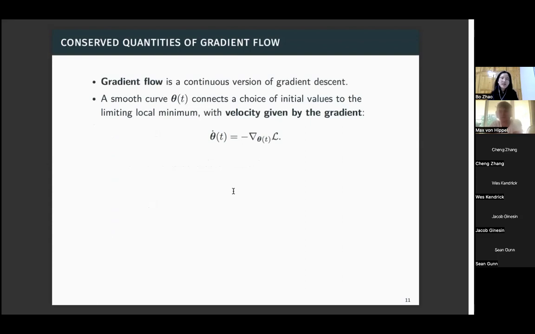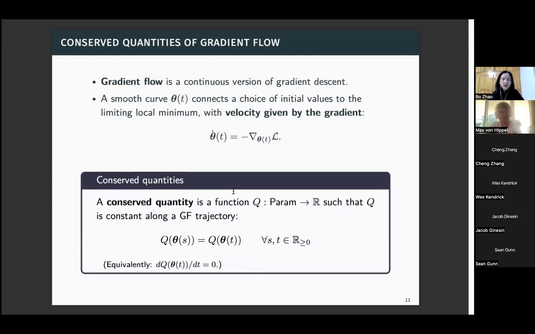Remember that in neural networks, our objective is often to make the loss as small as possible. So to minimize that function, one natural way is to move in the negative gradient direction. In training, we usually use a discretized version of this called gradient descent. But here we only focus on the continuous version for the theory part.